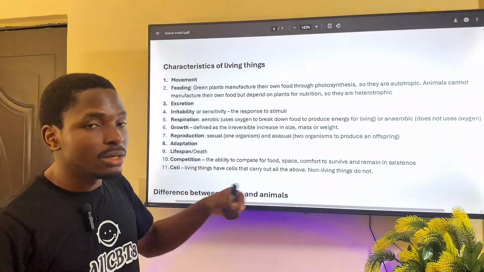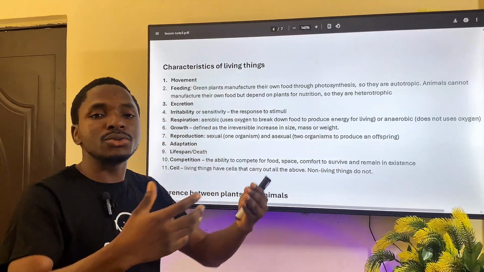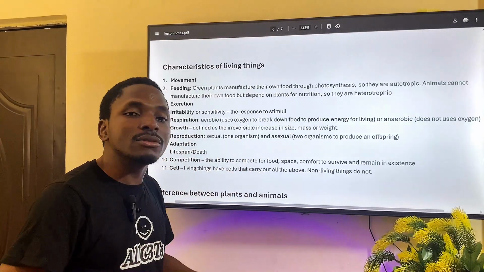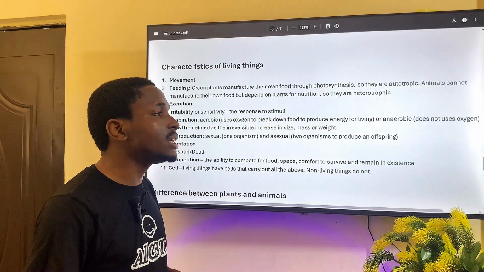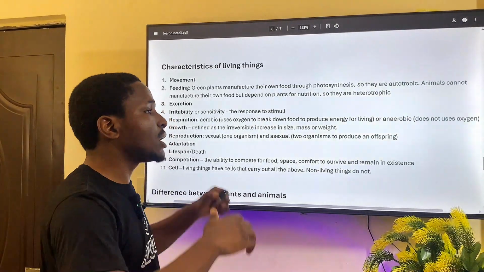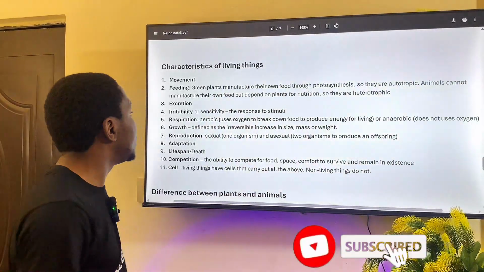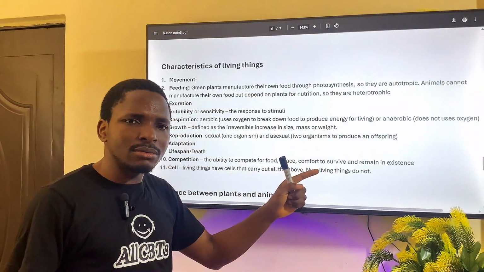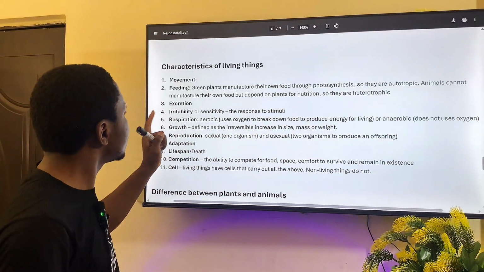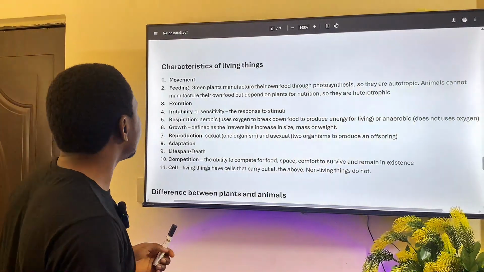We have the aerobic, the one where you use oxygen, like human beings and mammals using oxygen to break down food to receive energy. And we have anaerobic, in the case of plants, who use carbon dioxide to break down their food for energy. But all living things must breathe, must possess respiratory tissue, cells, ducts.